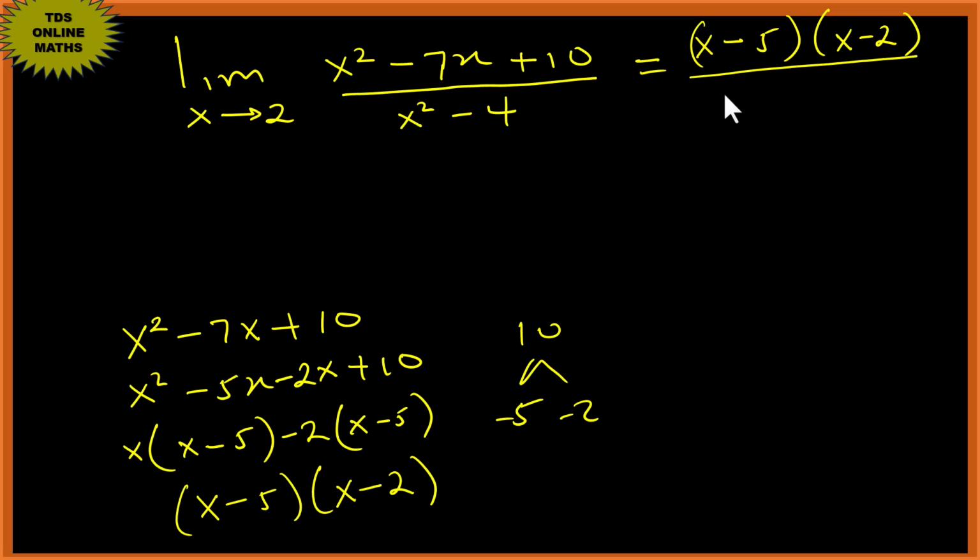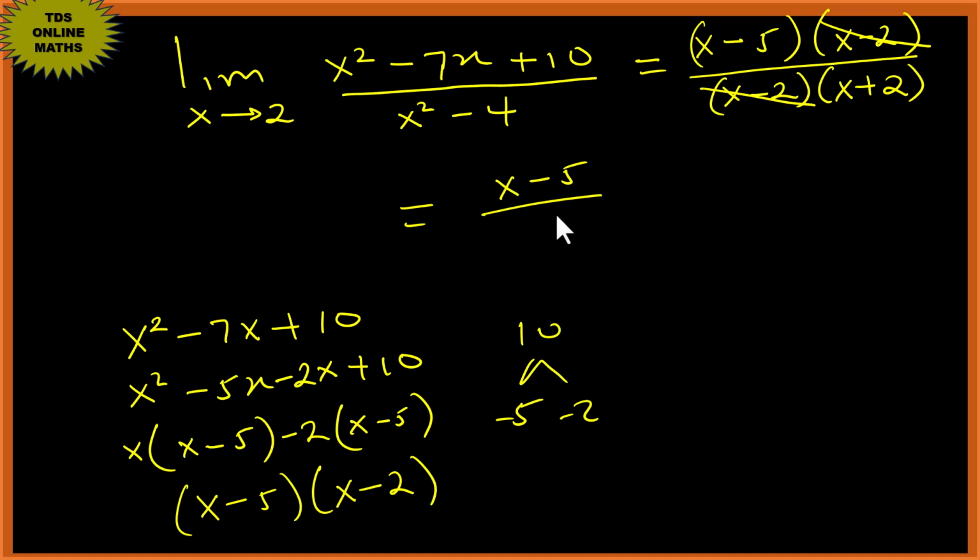on. So we can write the denominator as x minus 2, x plus 2. This one will cancel this, so I'll be left with x minus 5 on x plus 2.